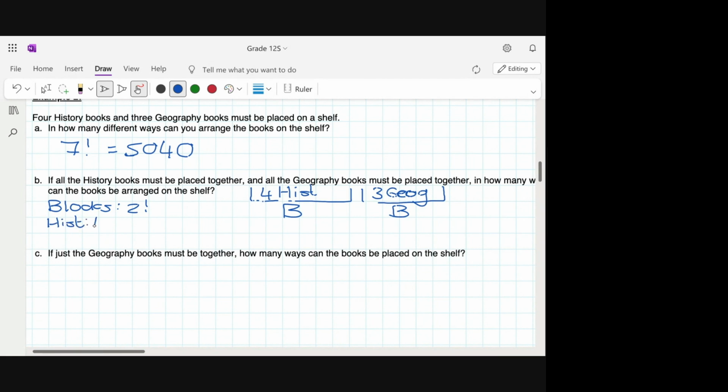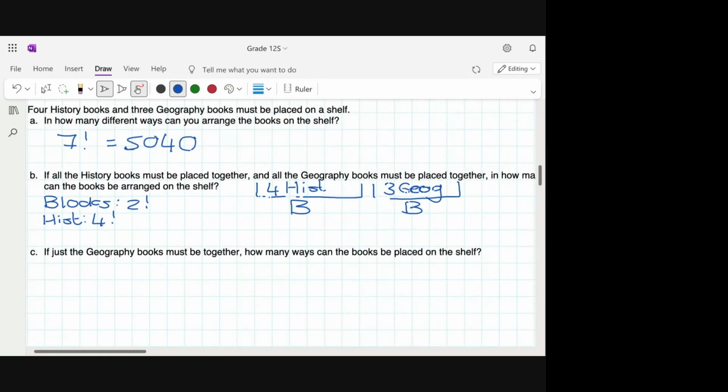I've got history, and there's 4 different ways to sort that out. Within block 2, I've got geography, and there's 3 different ways to sort that out. So 2 factorial times 4 factorial times 3 factorial. What do you get? 288.